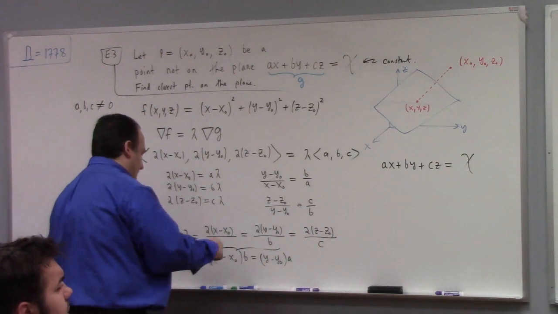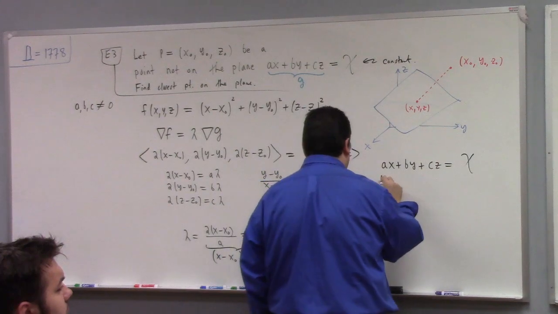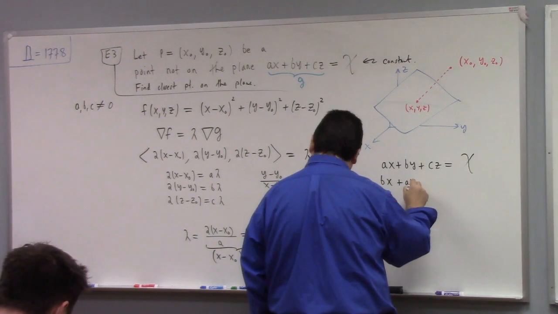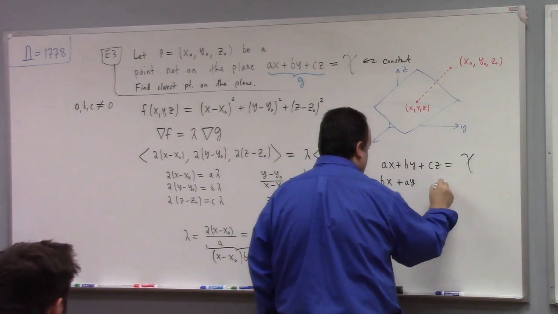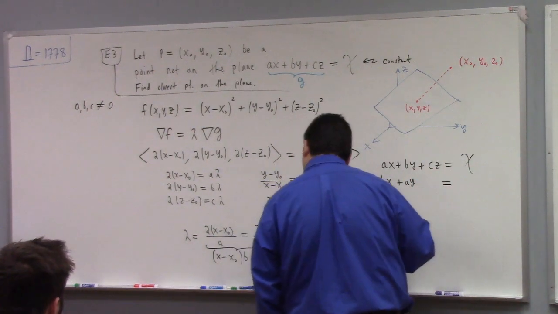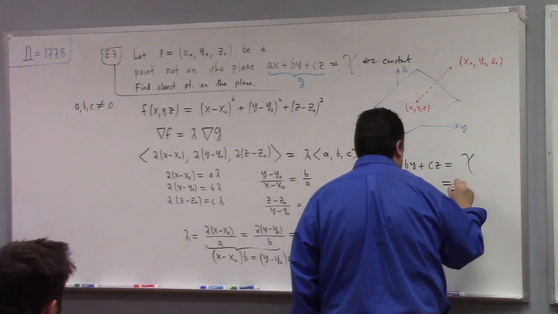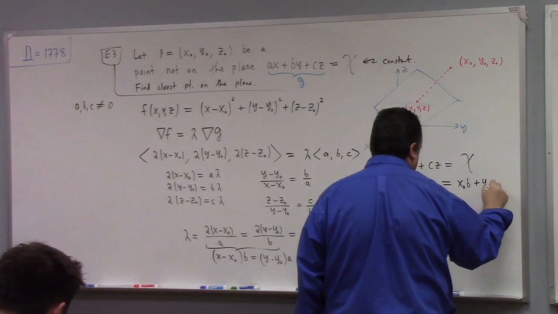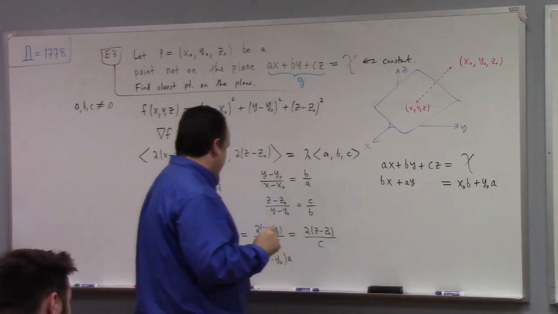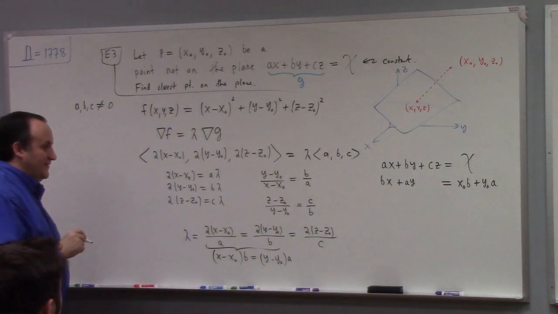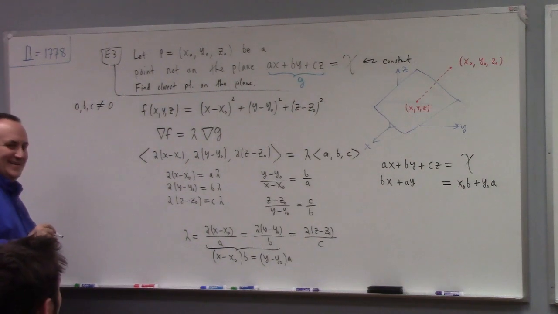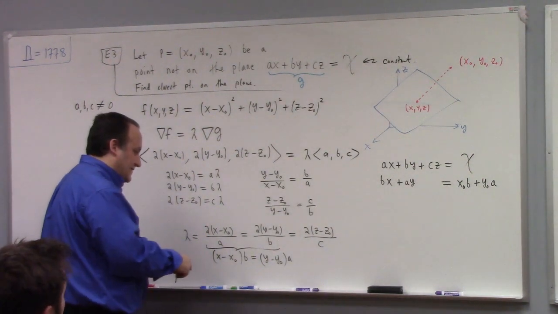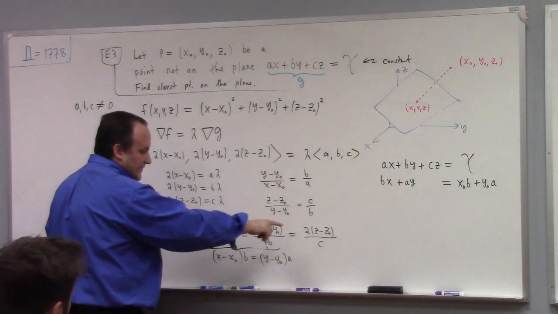Which I can convert to bx plus ay equal to what? x naught b plus y naught a. I'm starting to regret offering you the arbitrariness. But this is good for us to do something like this on occasion. And then how about this one?